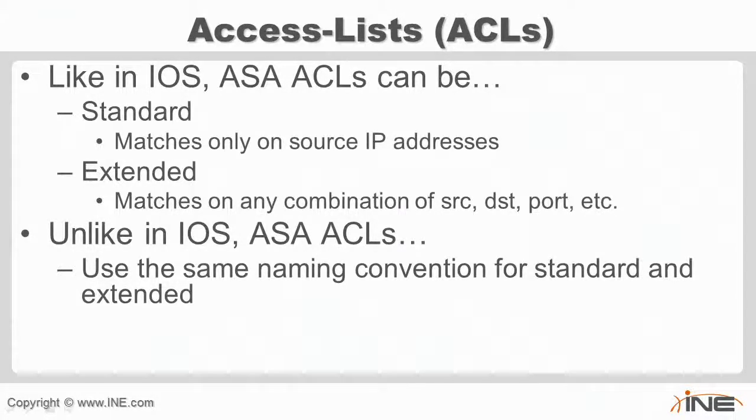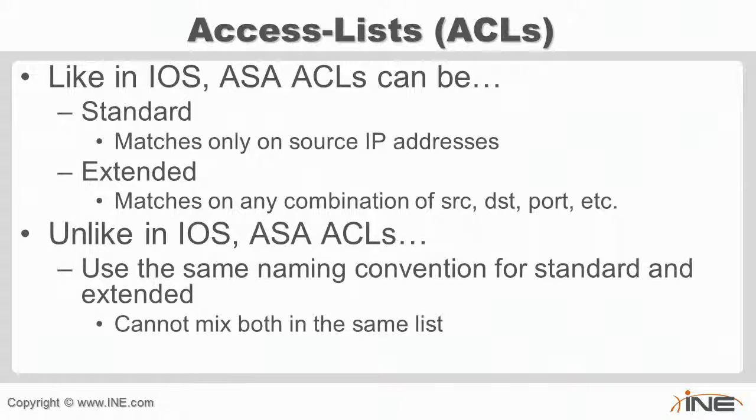So we can configure the ACL to match just on source if we want to, but the disadvantage of this is that you cannot mix both of them in the same list. So as a general rule, most of the time you would want to use the extended ACL syntax, where you specify the source and the destination, because otherwise you're only going to be able to do filtering based on sources, not based on any of the layer 3, layer 4 header information.